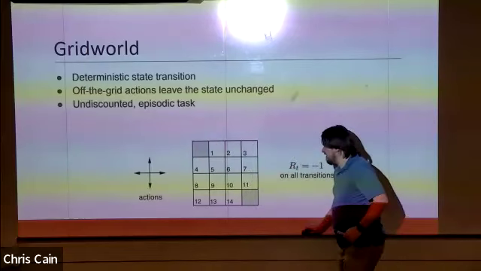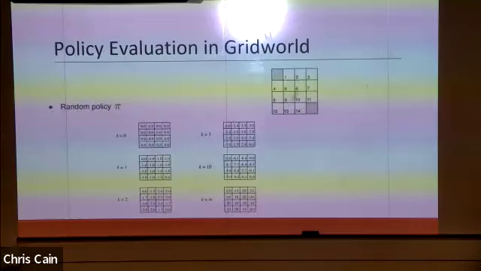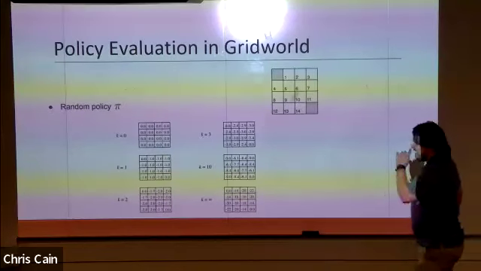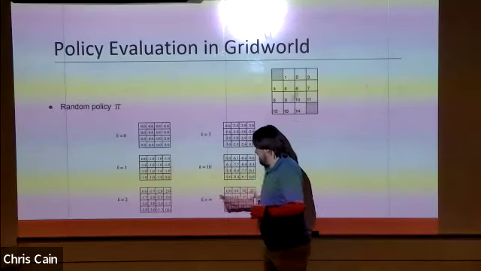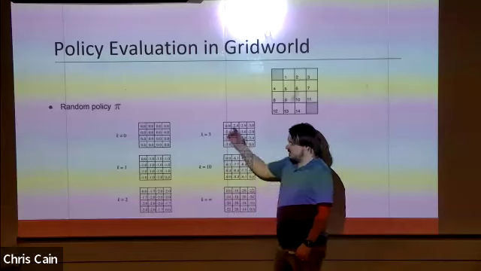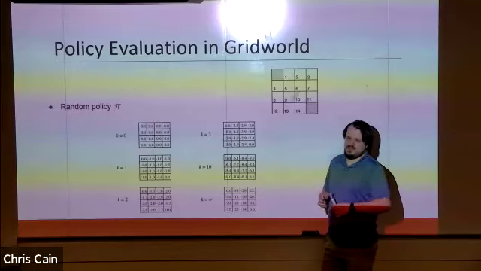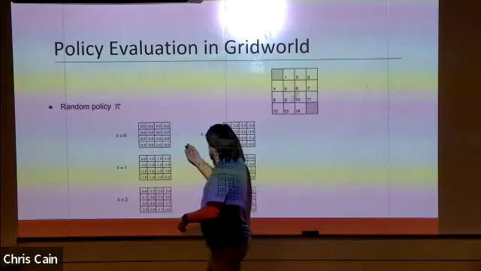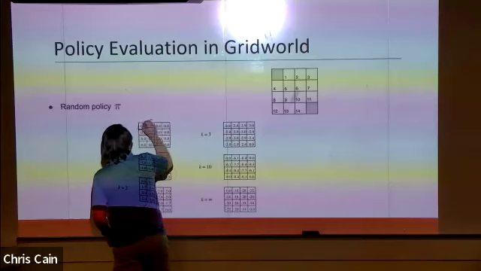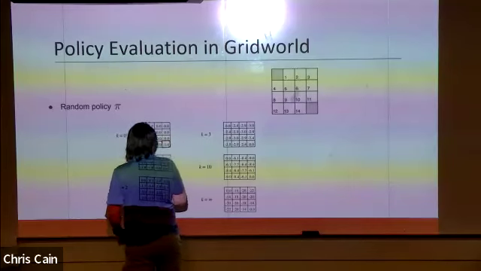So how does it work? We just start by saying the value of each of these states is 0. To the best of our approximation, we don't know anything. So this was the state that we want to get to. This was the state that we wanted to get to.